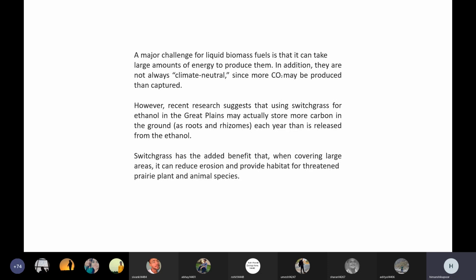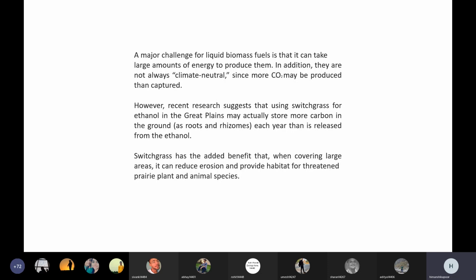You will have soil erosion because there will be no plants to bind the soil. So in a way, the entire ecosystem is affected when we use biomass as a fuel at a very high rate.